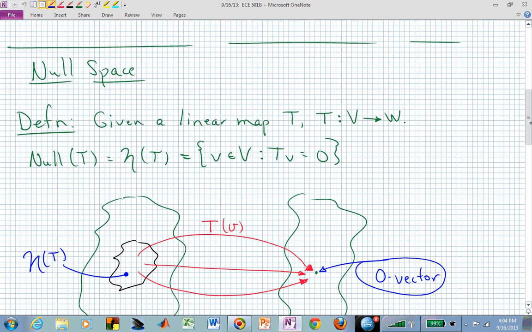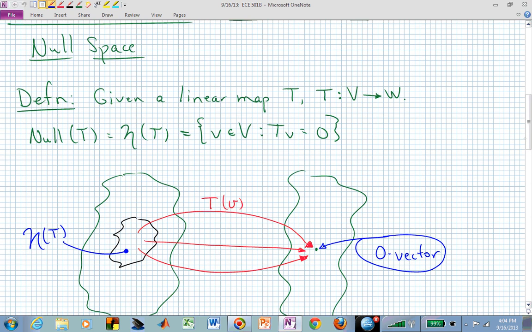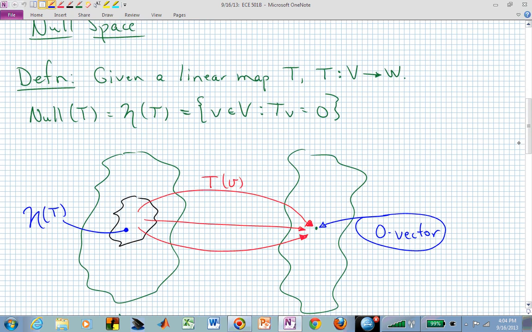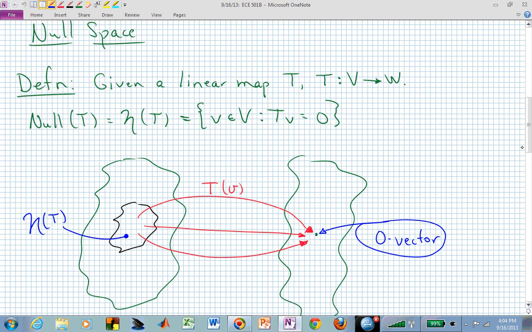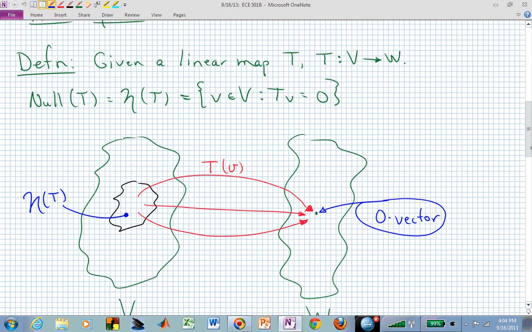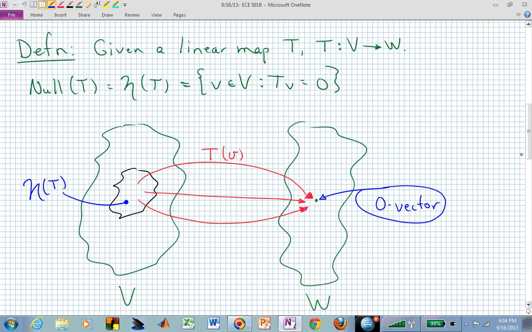Let's, as a review, remind ourselves of where we have been, and that was with this concept of a null space. These blobs on the paper are representing the two different vector spaces, V for the domain and W for the codomain. The null space of T, if it's non-trivial, is going to be a set of vectors in our domain.